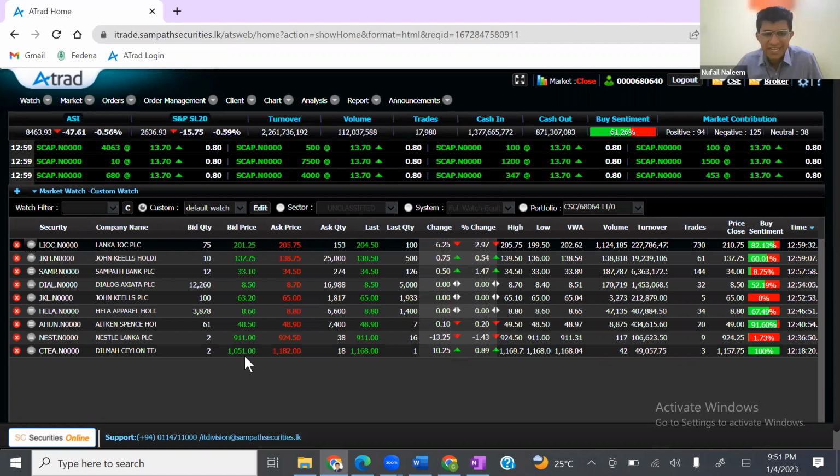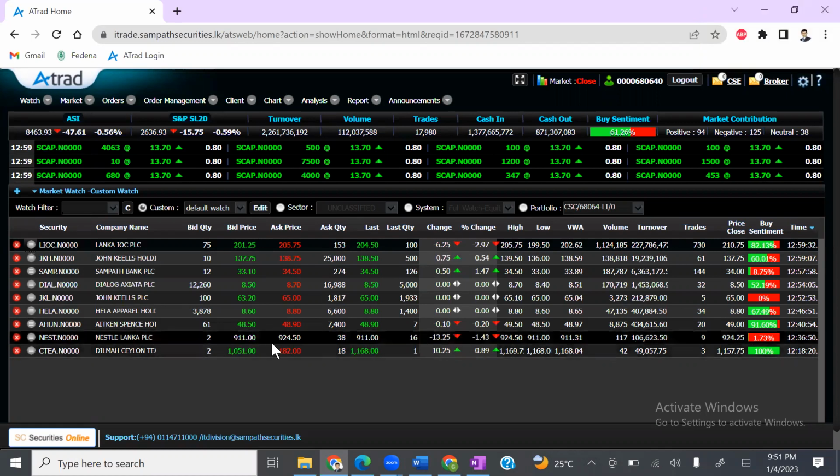Now you see Dilma Tea, it's a Ceylon tea. The buy sentiment is 100%. That means anyone will buy. If I'm going to sell 2 stocks of this, everyone will buy it. That's the understanding of buy sentiment. Is that clear? Yes, sir.